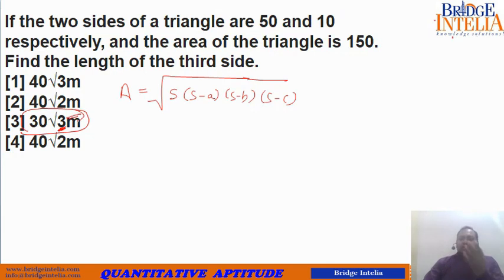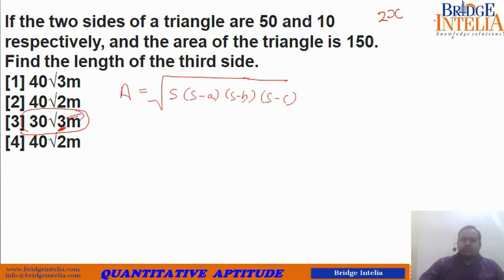Now let us also use Heron's formula. You will realize that this actually takes more time. So let the third unknown side be equal to x. First you find s, the semi perimeter, in terms of x, or better still, you can take the third side to be equal to 2x, because while finding the semi perimeter you need to divide by 2.